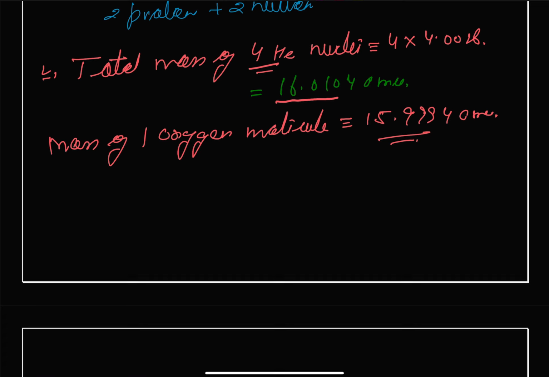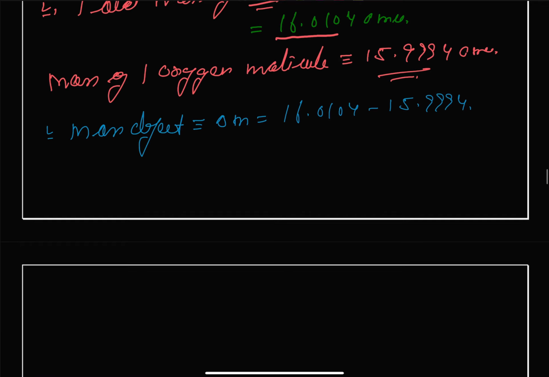So we can say that our mass defect, that is our delta M, will be equal to 16.0104 minus 15.994, and this gives us delta M equal to 0.010 AMU.